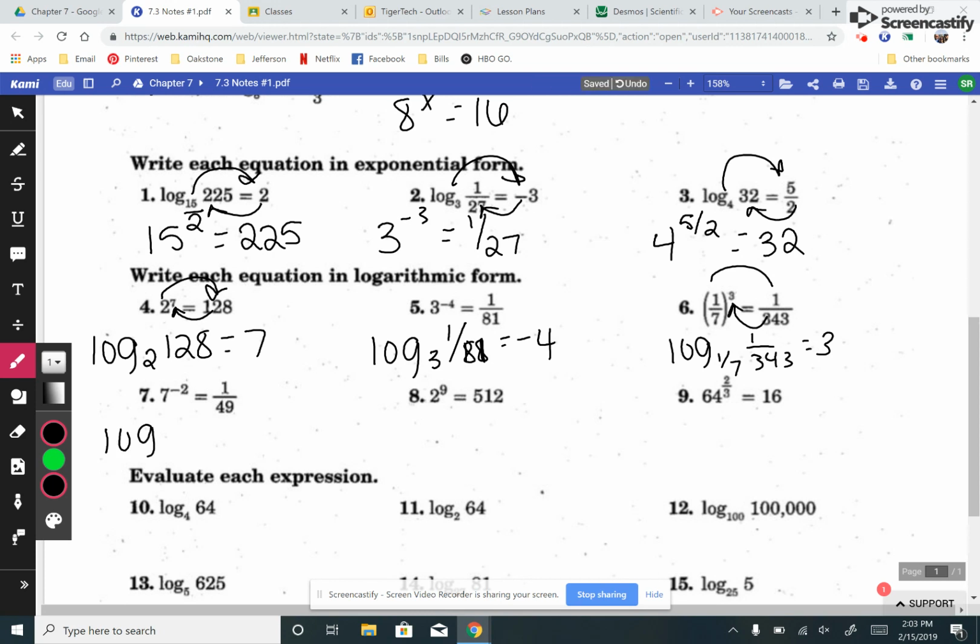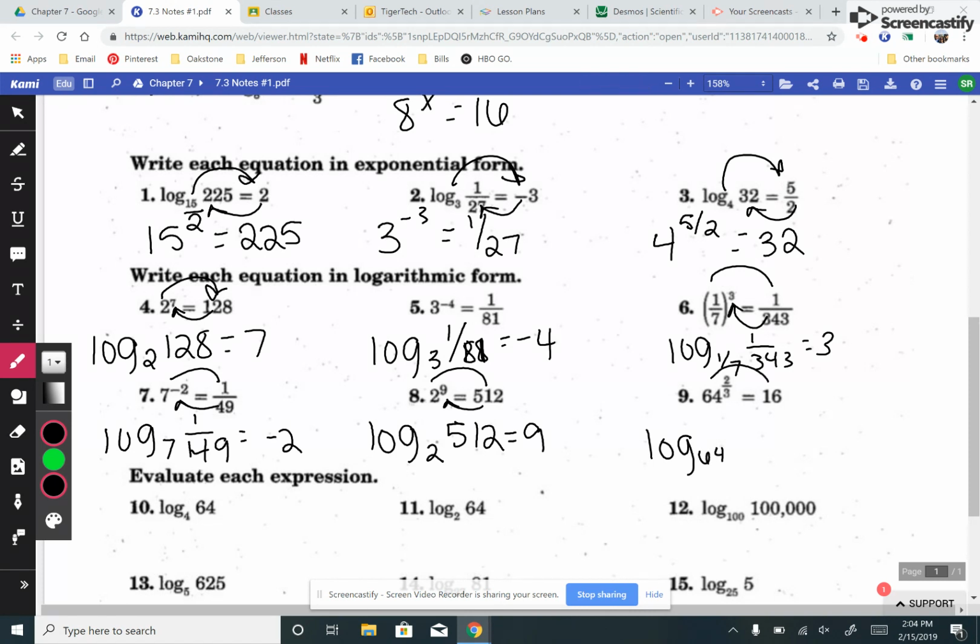Just like log base 7, come over, of 1/49 equals, we come back around, -2. So log base 2, go over, of 512 equals 9. And one more time, log base 64, we come over, of 16 equals 2/3.